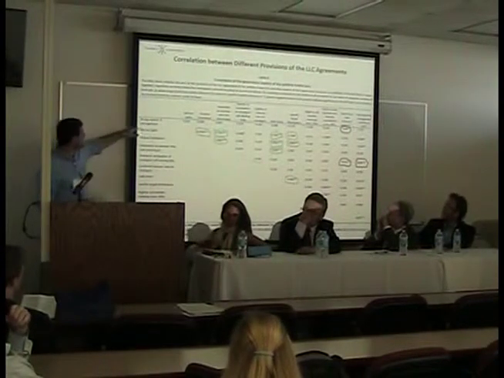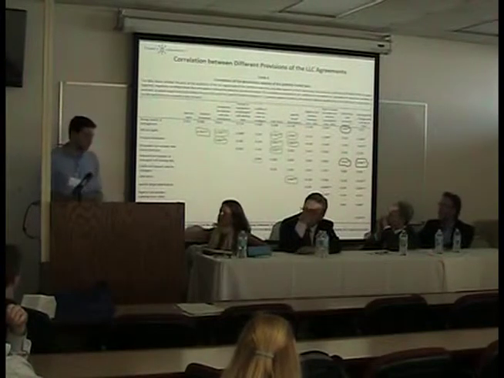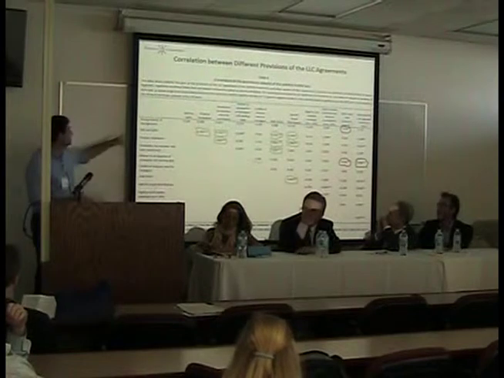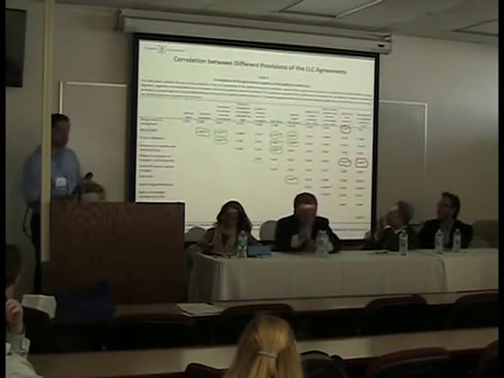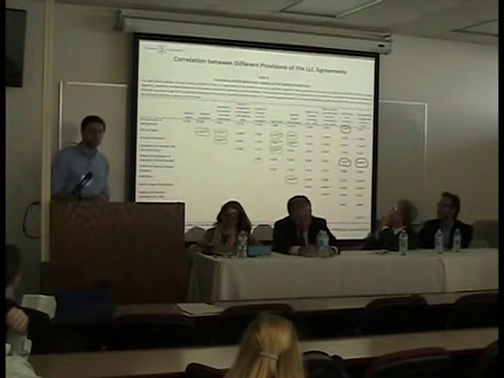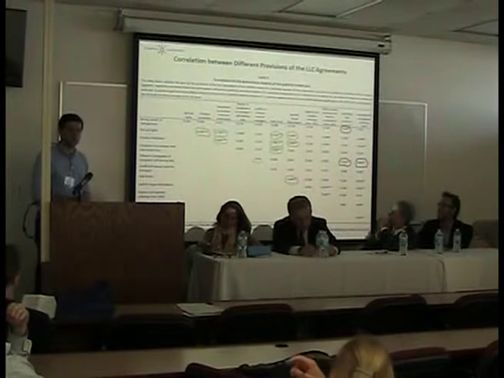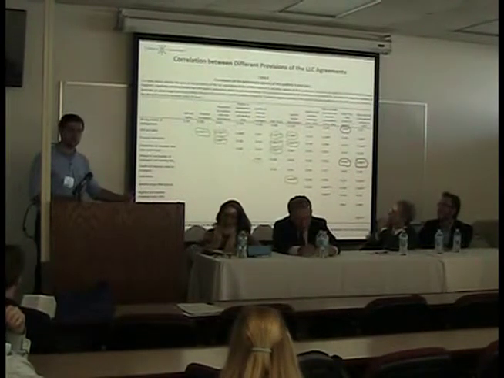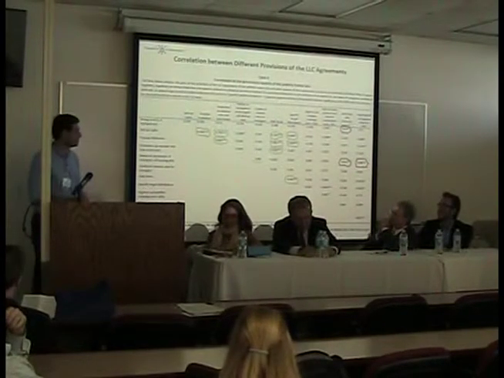You can see the first line, this is strong control of management, by which I mean strong control of decision-making rights. And you can see that in all these cases, not all, but there is a significant correlation with larger ownership by controlling members, by founders, economic ownership, which means that if they have strong controlling rights, they also have large economic interest, and hence their interests are aligned with the interests of minority members.